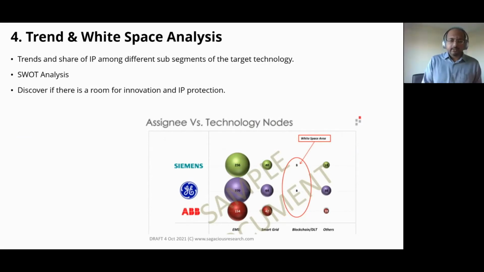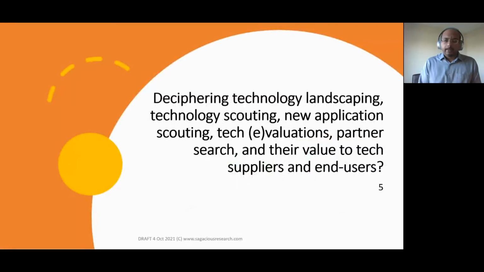For example, this image shows you a comparison of 3 companies on different aspects of smart grids, and it shows you that the area of blockchain within the smart grid sector is highly underrepresented. There are not many innovations in that space. So this is a wide space where a company might want to invest and build their capability.